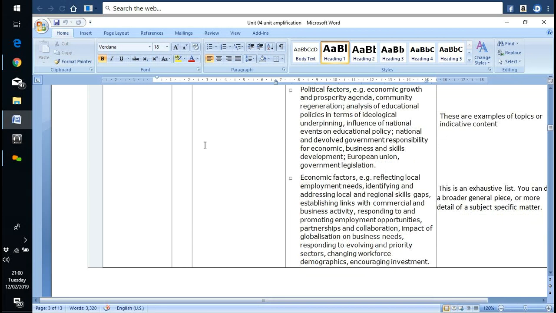Places like Greater Manchester can now access that money, and they're looking at providers that can provide specific learning programs to meet economic factors affecting local employment needs, identifying and addressing local skills gaps, and that's where that money's going to go. And the people who can provide that will get the contracts for it.